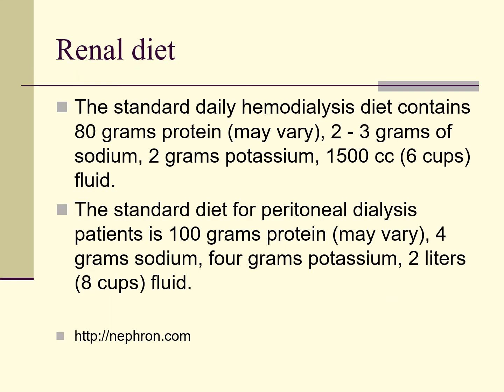So here's our diets. If they're on hemodialysis, they have to be a little stricter with the protein, the potassium, and the water, fluids. But if they are on peritoneal dialysis, they have a little bit more allowance on fluids because peritoneal dialysis is usually done daily and done several times a day.